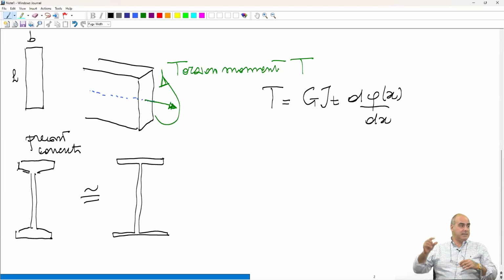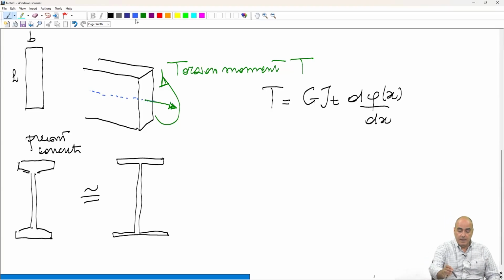And bending moment means that you have maximum compressive stress on the top, maximum tensile stress on the bottom, but there is the central part of the beam which is less stressed. So these shapes here that we can use in precast concrete or in steel are just a way to optimize the distribution of the material. You put the material where it is needed.